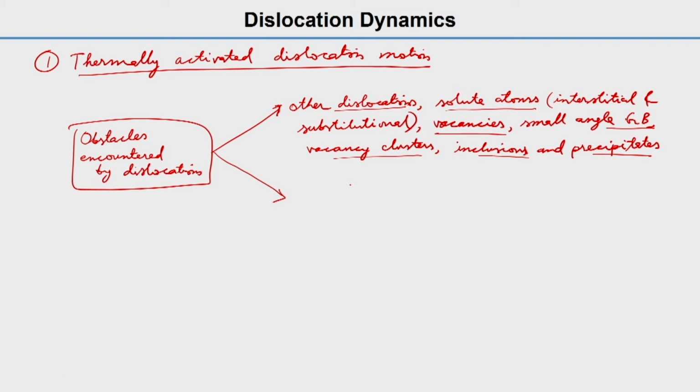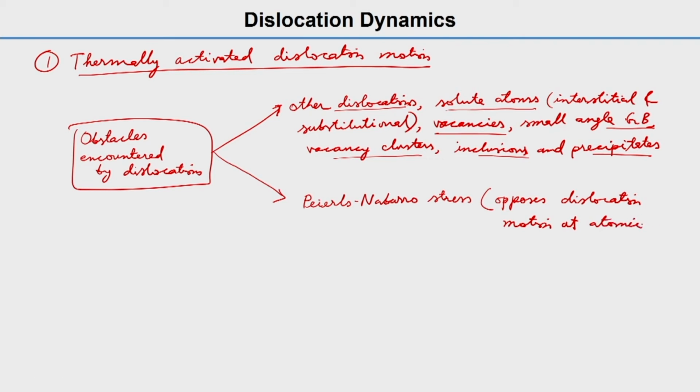So that is called Peierls-Nabarro stress. So that is another obstacle. So this Peierls-Nabarro stress opposes dislocation motion at atomic level.